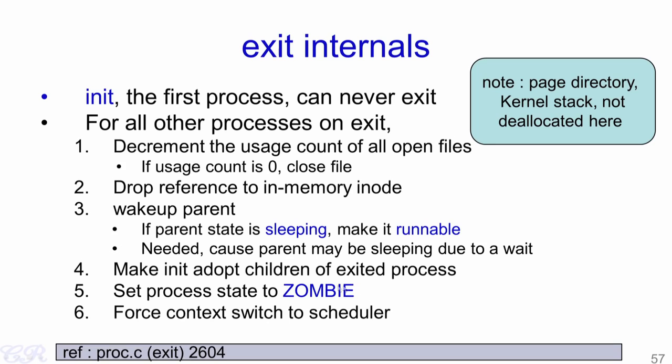This setting of state to zombie is used so that the parent process could determine that one of its child processes is exiting. We will see more on this in the wait system call. And lastly, it is going to force a context switch in the scheduler.